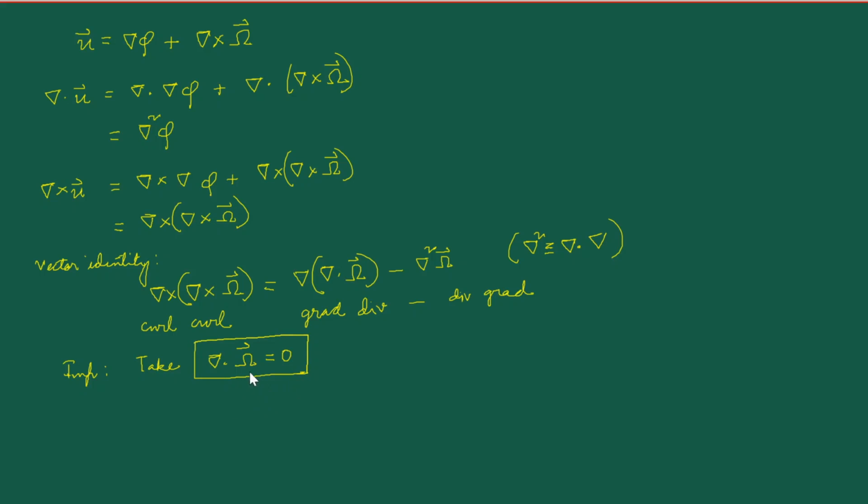So if we have this, then the curl of the curl of the omega vector simply reduces to minus Laplacian of omega, which means that the curl of the displacement vector is minus Laplacian of omega.